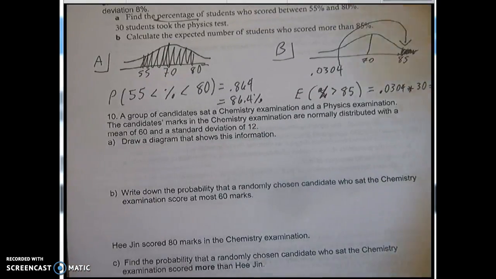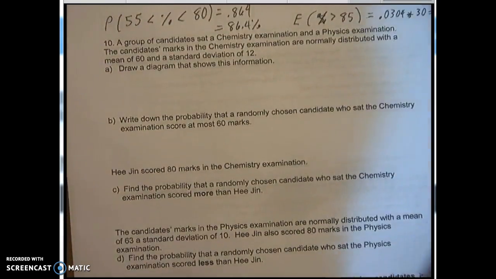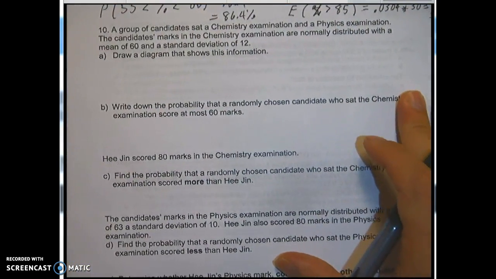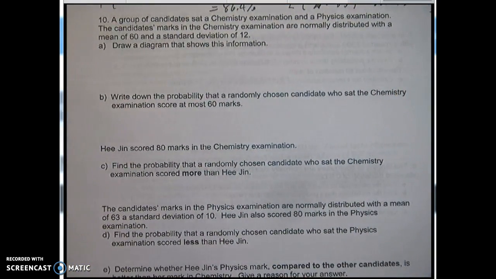Alright, I'm feeling particularly giving this morning, so I'm going to do the one paper 2 question I put on here. This was on the IB exam in 2014, and it's kind of challenging. Let's talk about it. A group of candidates sat a chemistry examination and a physics examination. Candidates' marks in the chemistry exam are normally distributed with a mean of 60, standard deviation of 12.